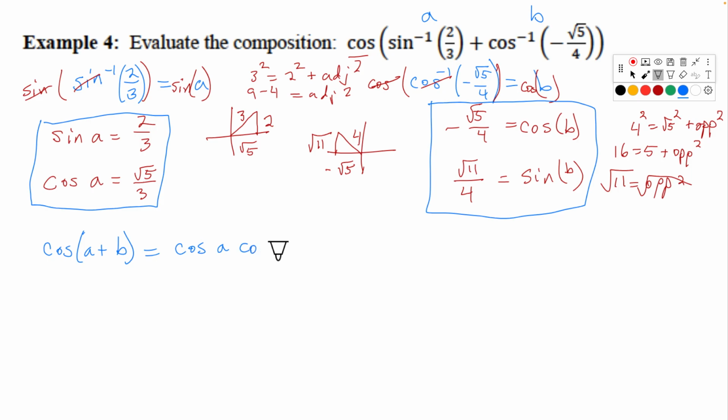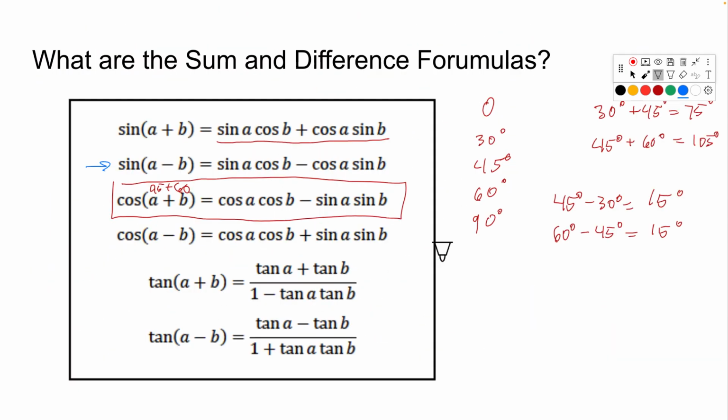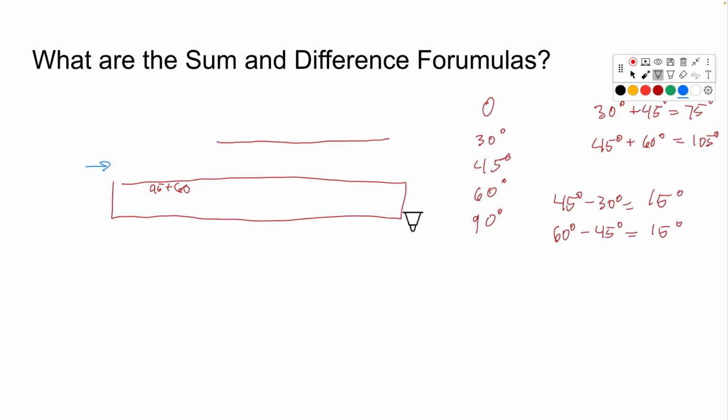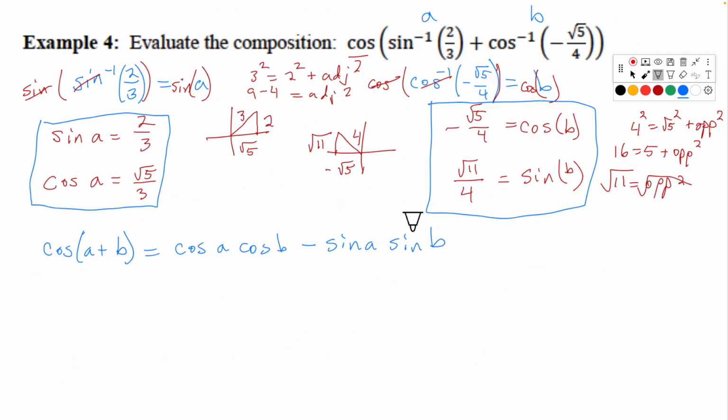Cosine A, cosine B minus sine A, sine B. And again, I'm still a rookie, so let's go back. Cosine of A plus B, cosine, cosine, sine, sine. Okay, and with the subtraction, the opposite sign in the middle. Okay, so I've got the formula set up correctly.